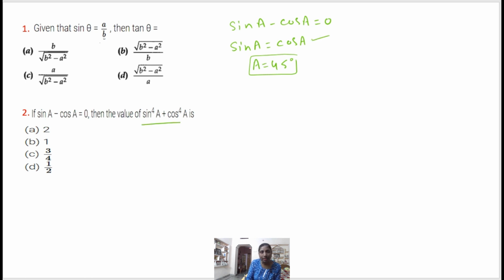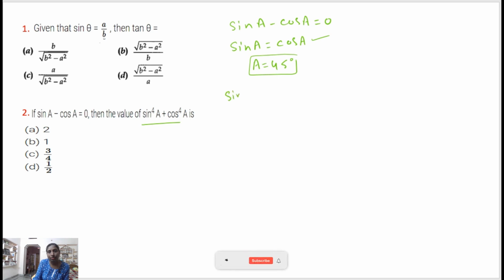Okay, here we have to find sin to the power 4a plus cos to the power of 4a. Now I can write it as (sin a) to the power 4 plus (cos a) to the power 4. So sin a is what? Sin a is cos a.